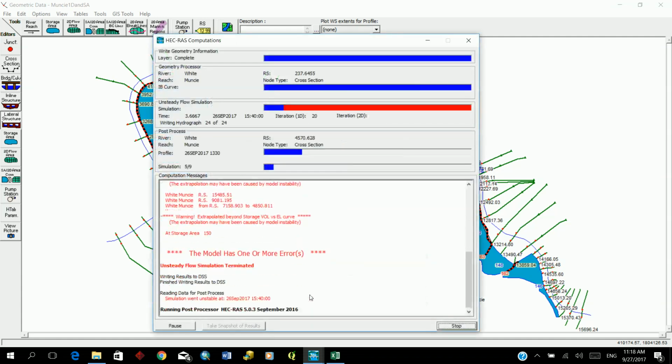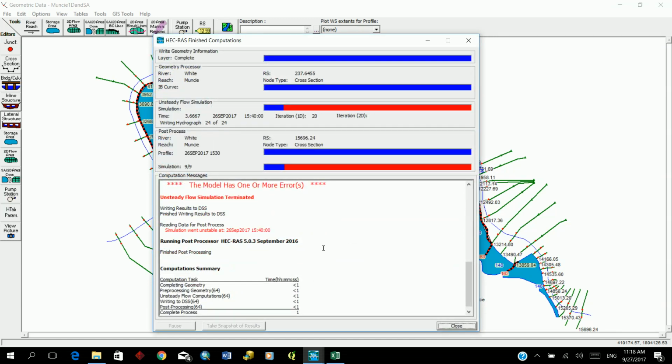Oh, you didn't save the plan? Fine, save plan as. You give it the same name, but you add dash 01. Now compute.